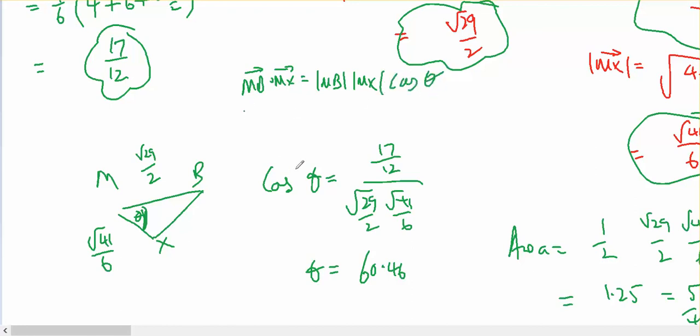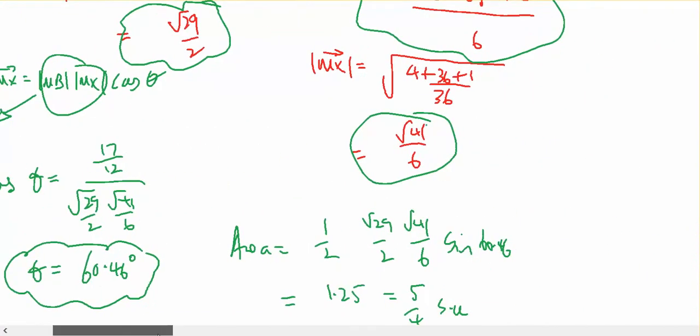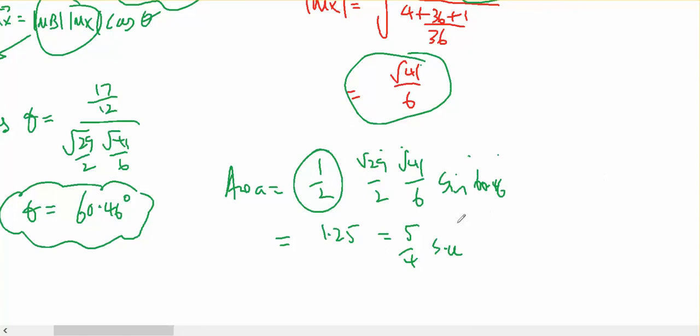Therefore, the cos of the angle will be, if I move this down to there, 17/12 over this, and on a calculator that gives me 60.46 degrees. So now I'm ready to use the area formula where I'll have 1/2 AB sine of C, and on a calculator that gives me 5/4 square units.